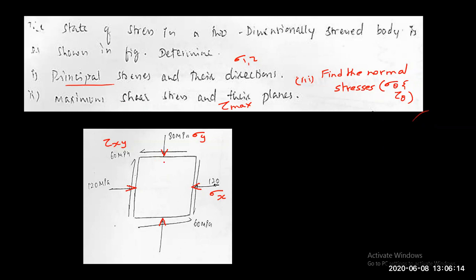So let's assume some angle here. Since we have extended this question, let's extend the diagram also. Let's say you need to know theta at some angle that is equal to 30 degrees. So let this be given data because I've asked for the normal stress also, right? So if normal stresses are required to be found, then you also need to find this theta.